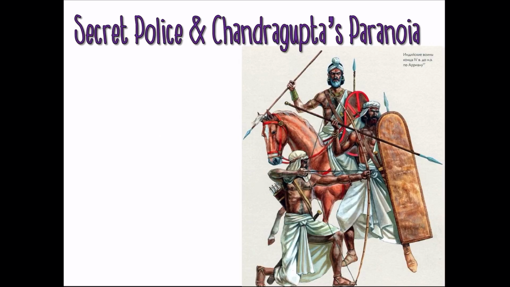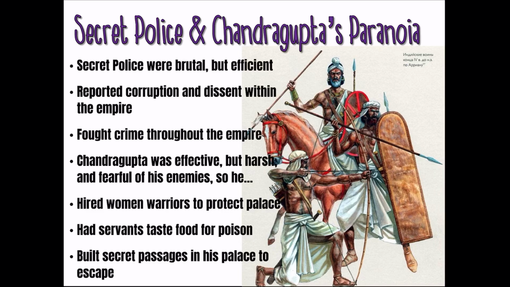So how did Chandragupta do that? He had secret police. These police would report any kind of dissent, any kind of hint of rebellion going on. They definitely kept an eye on crime. He had a network of spies. He had servants who tasted his food for poison.